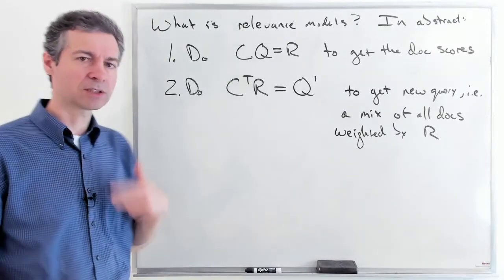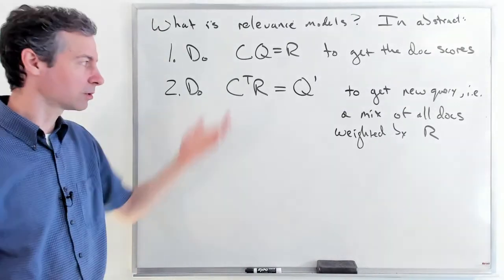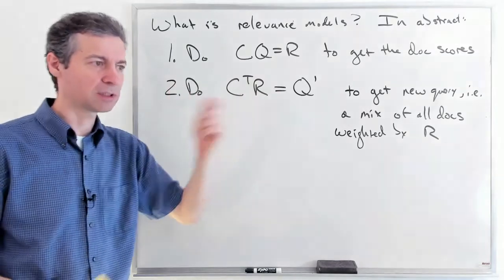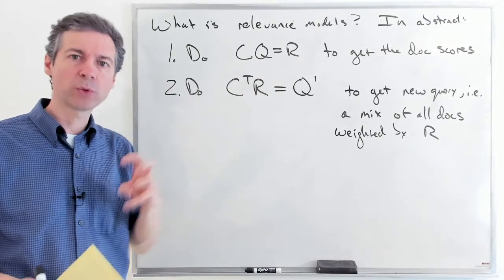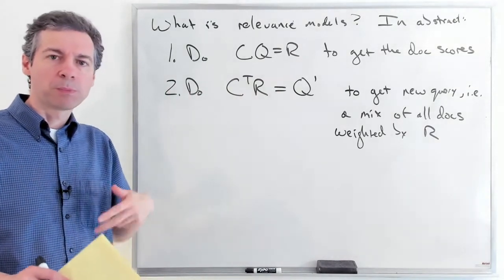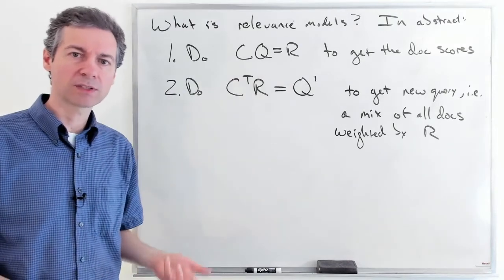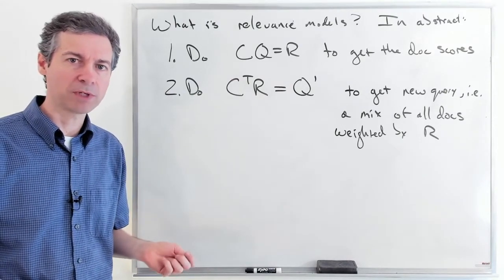And I'm not saying to literally take the document scores and multiply them and you'll get literally the new query to use. But essentially, this is the operations that are happening.